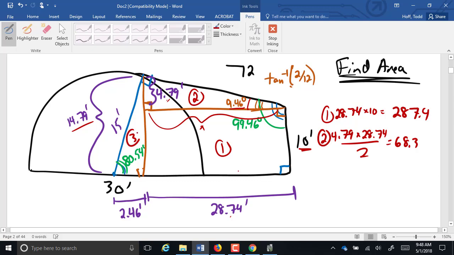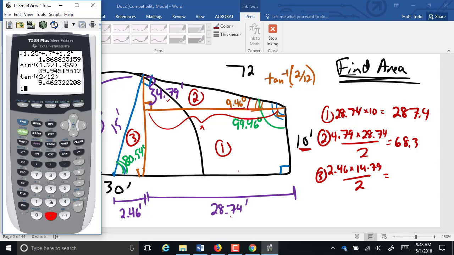Then we got triangle 3 here, which is 2.46 by 14.79 divided by 2, which is going to give us, about 18.2.